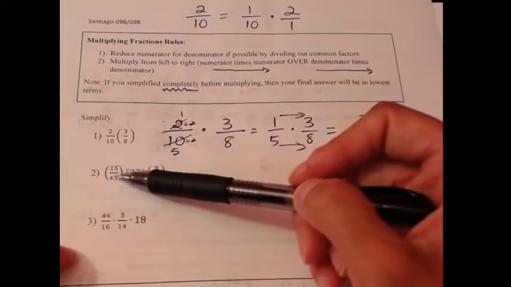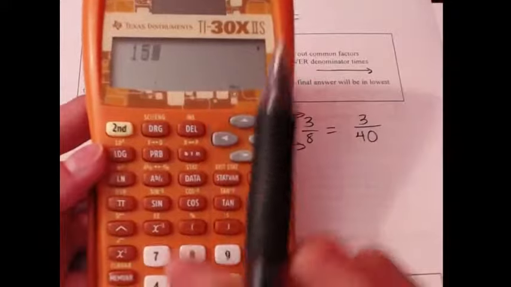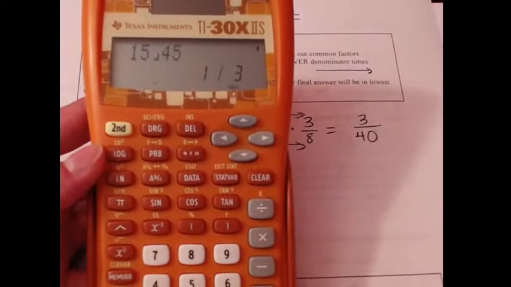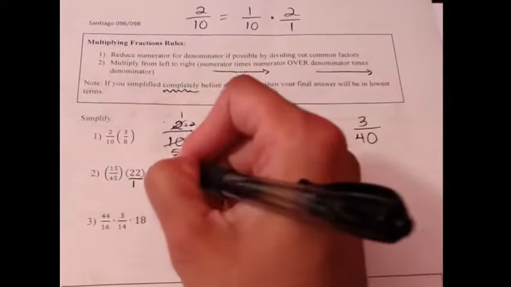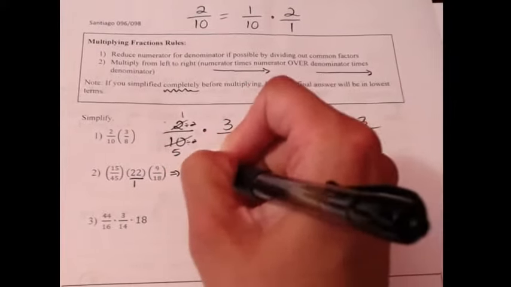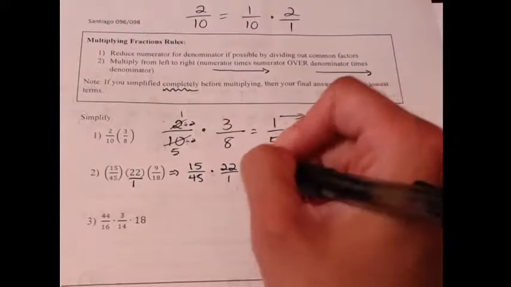15 can go into both. If you're unsure about that, you're like, wait, what? Let me show you. 15, 30, 45. Ooh. 15 divides into both of them. So if it helps, again, I'm going to rewrite it. We have 15 over 45 times 22 over 1 times 9 over 18.